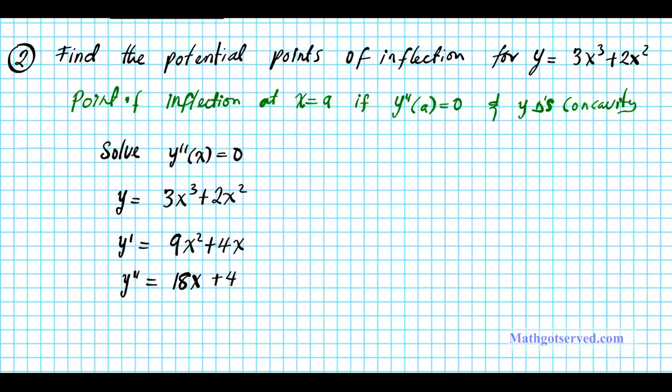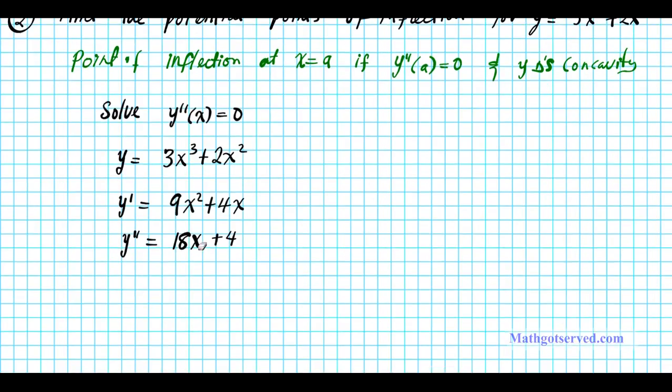Okay, now to find the x values where you have the potential points of inflection, we set the second derivative to 0, so we're going to set 18x plus 4 to 0. And then when we solve this, we have x equals -4 over 18, which reduces to -2 over 9.